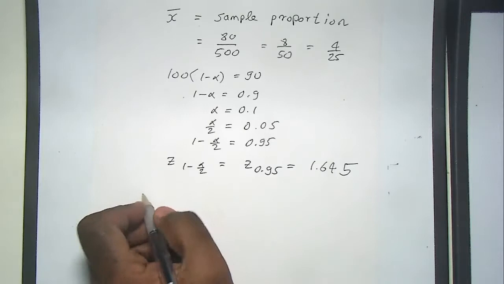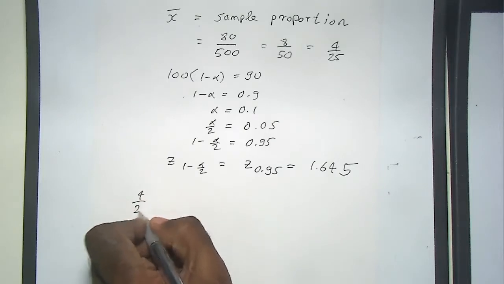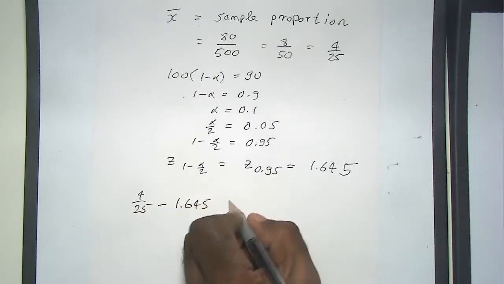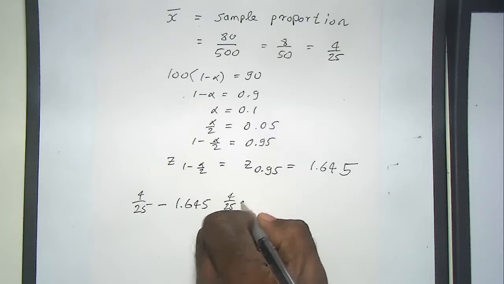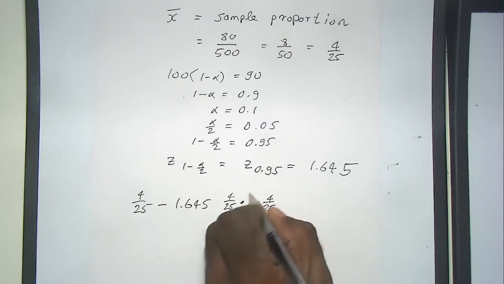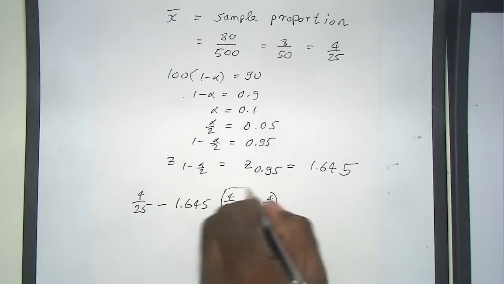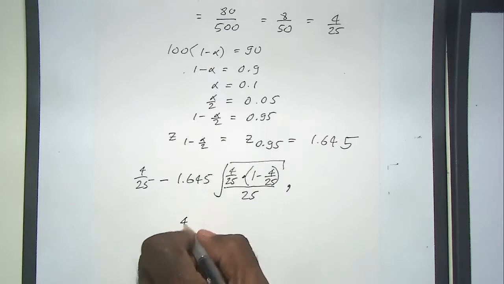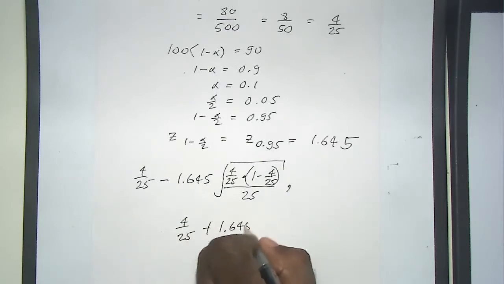1.645. So the confidence interval is X bar, which is 4 divided by 25, minus 1.645 multiplied by the square root of 4 divided by 25 divided by 25, comma, 4 divided by 25 plus 1.645.